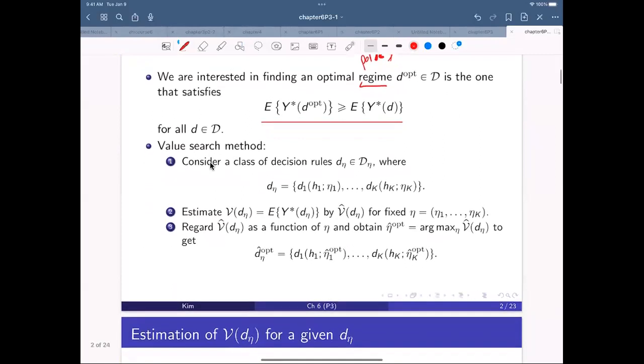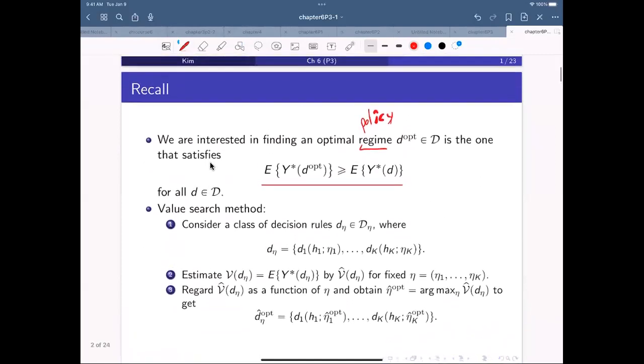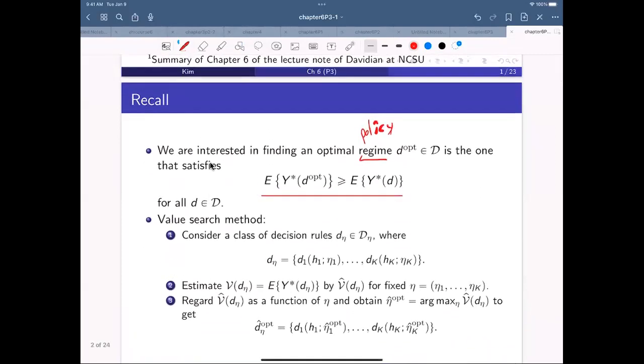So, value search method. To find the optimal policy or optimal regime, we studied Q learning, right? Q learning and A learning. That's what we covered in the last class. These two are essentially based on a sufficient condition, right?